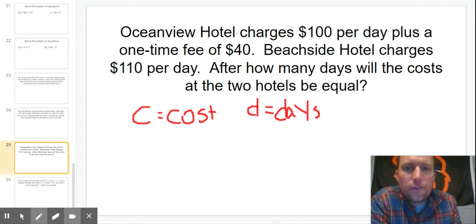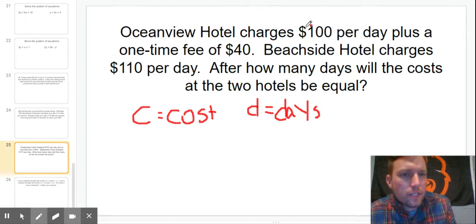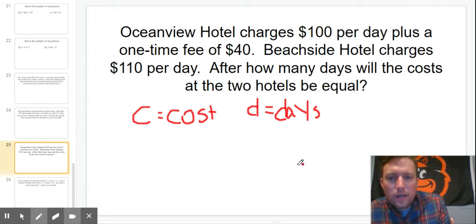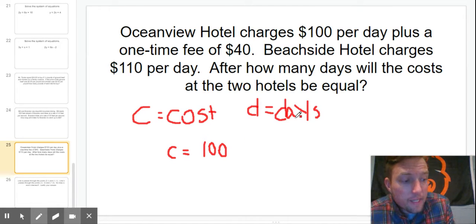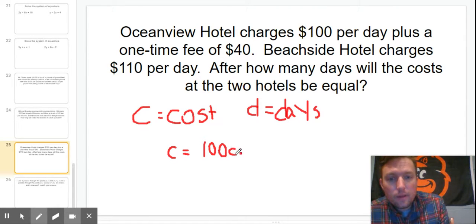So let's look at Ocean View first. It says Ocean View charges $100 per day. I'm trying to figure out the cost, so that would be C equals $100 per day, times the number of days, so that would be D. Every day we're going to multiply it by 100.